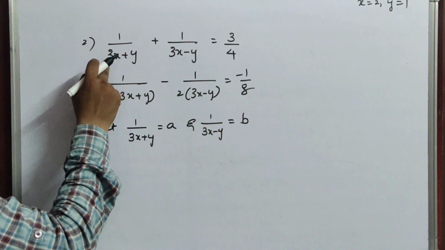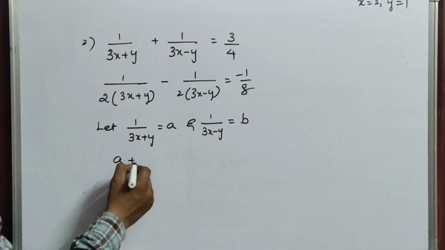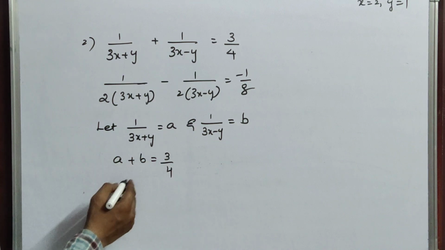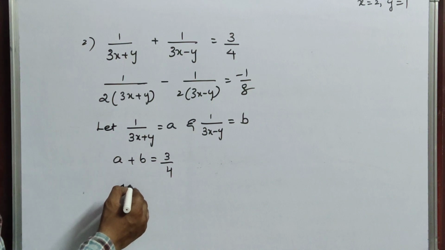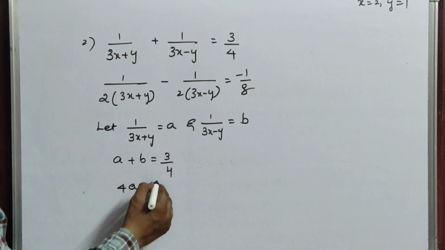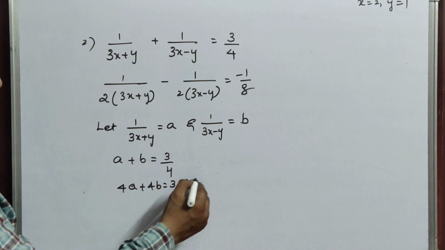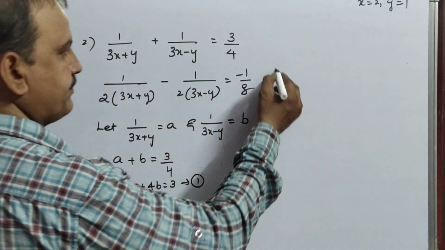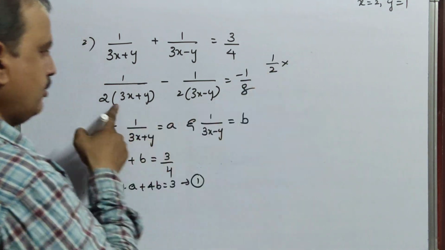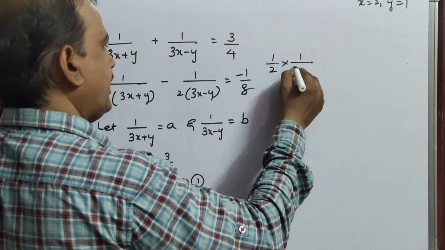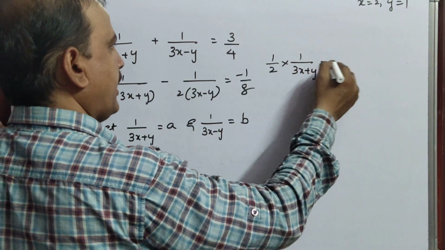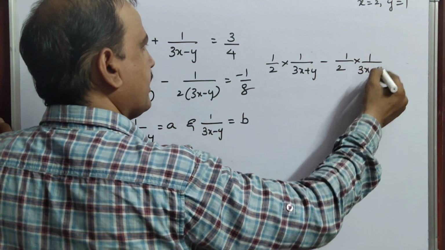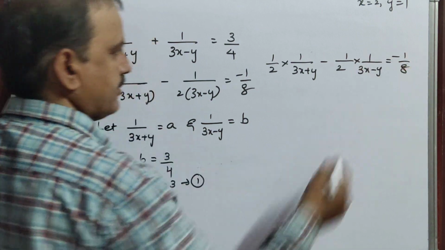How to write this equation I am telling you. That means a plus b equals 3 by 4. Now do cross multiplication, 4 you bring this side. That means 4a plus 4b equals 3. That is equation 1. Now come to this equation. See here, 1 by 2 into 1 by 3x plus y minus 1 by 2 into 1 by 3x minus y equals minus 1 by 8.